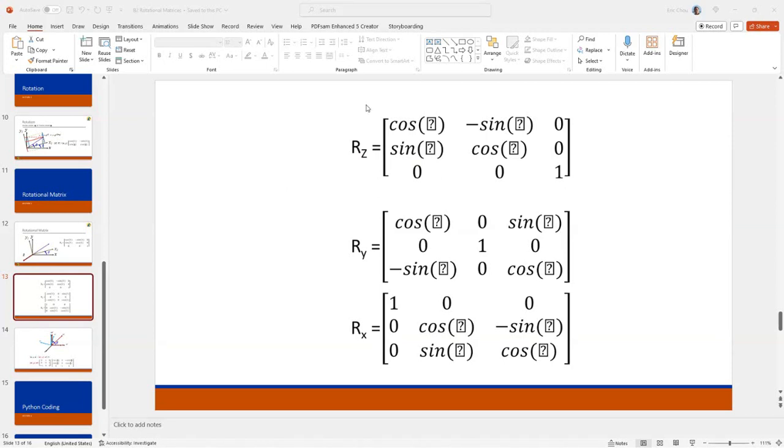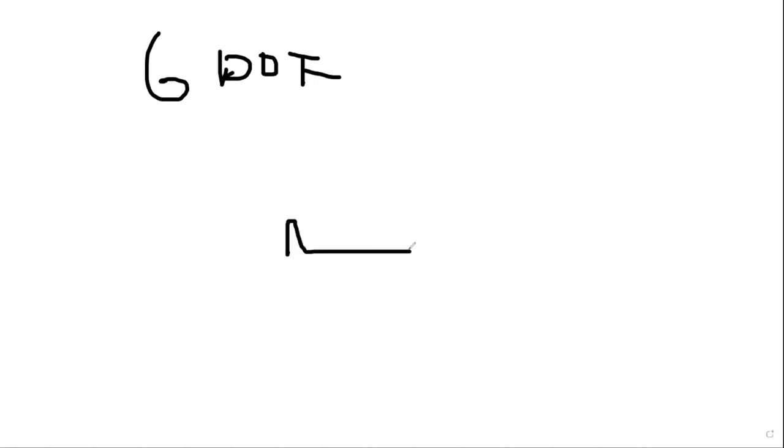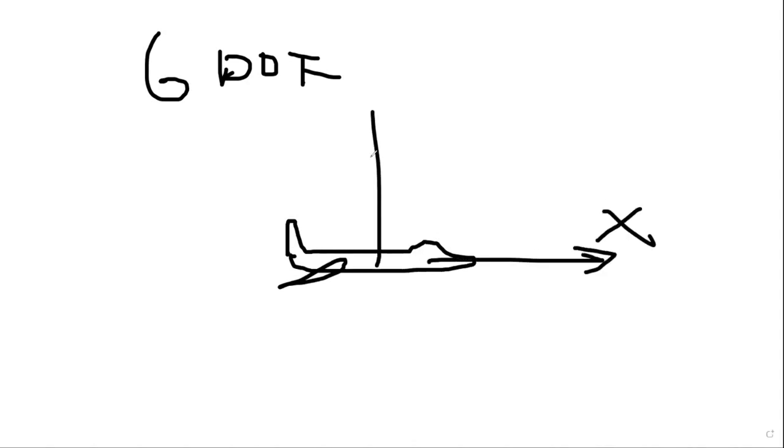And when we talk about an object, there are 6 degrees of freedom, right? You have an airplane, whatever airplane. So you have the X, Y, and the Z, 3-dimension that is translational.